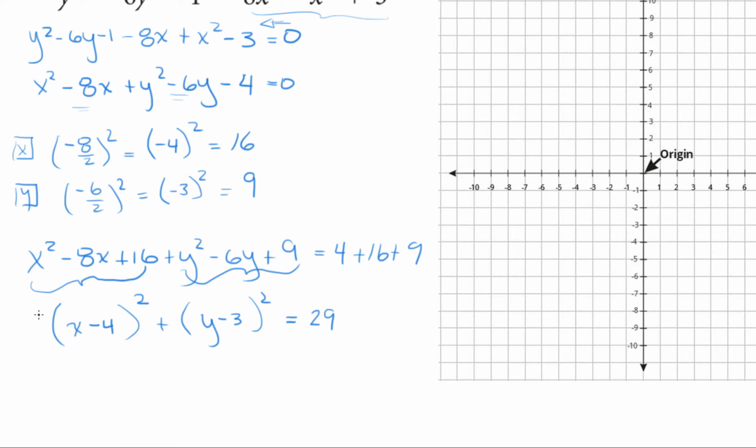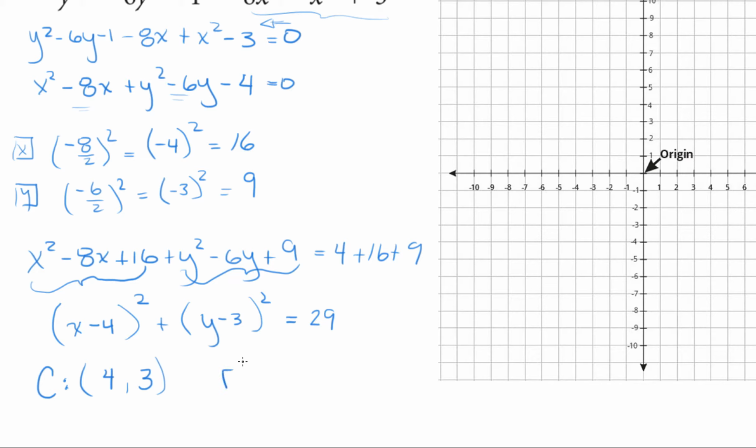Notice that with the standard form, you can find the center and the radius. So, the center, it's a coordinate. It's going to be the opposite of the sign of what you have inside the parentheses. So, for example, x minus 4 squared, the center here for x is going to be positive 4. Y minus 3 squared, the center here is going to be positive 3.